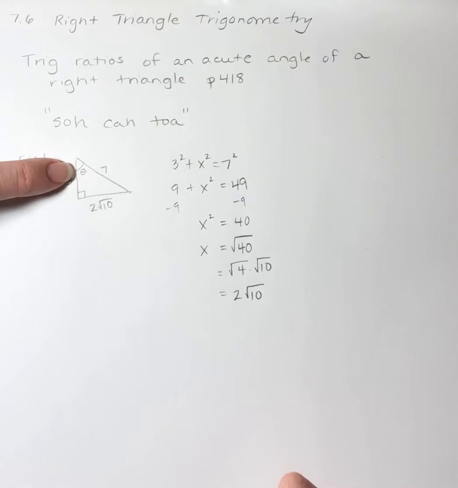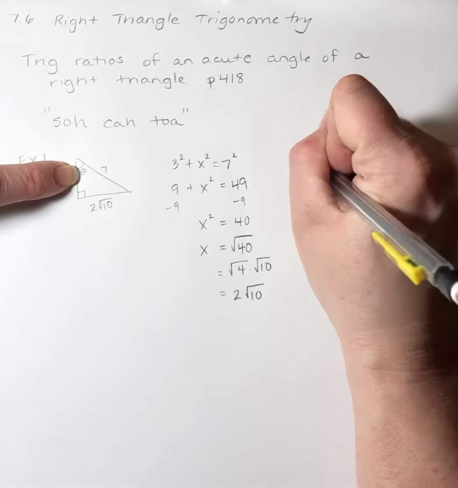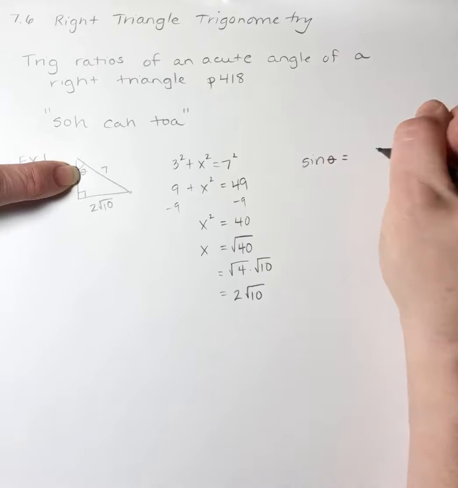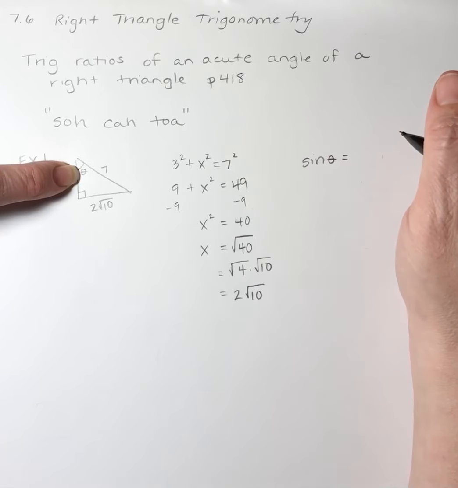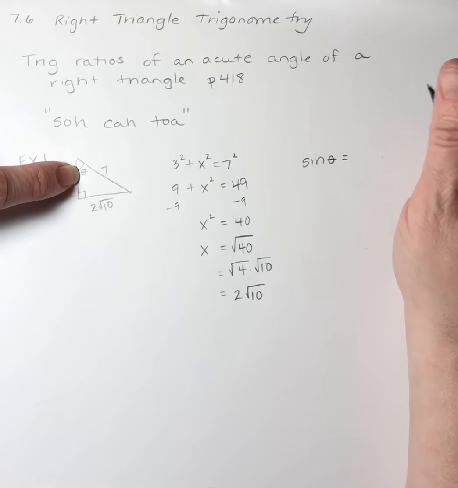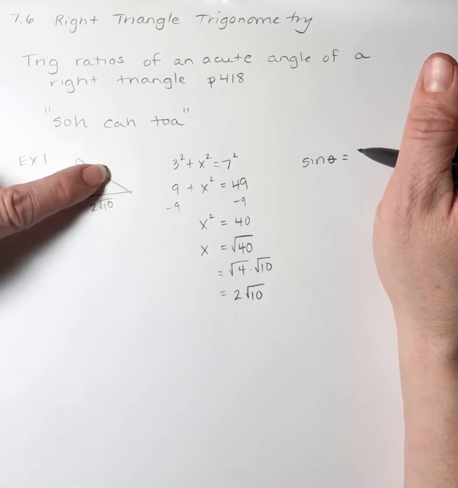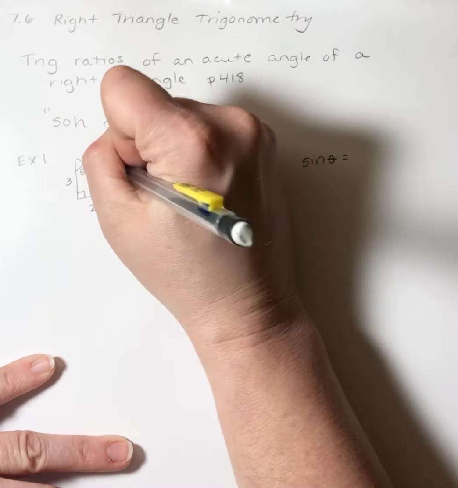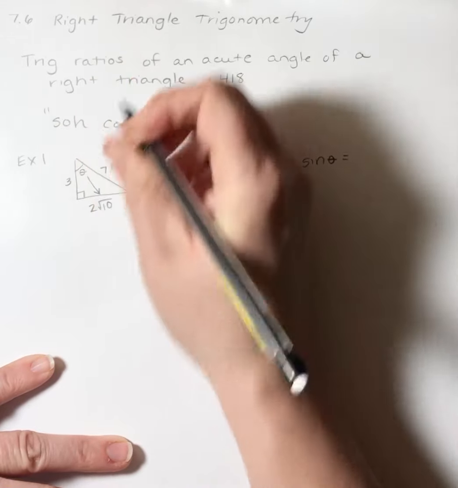So we want the sine, cosine, and tangent of that angle. That symbol is a theta, and it's just a symbol, a Greek letter that's used for a variable. It's just like a letter of the alphabet, but it's a Greek letter. So sine is opposite over hypotenuse. The only one that we know for sure is the hypotenuse.